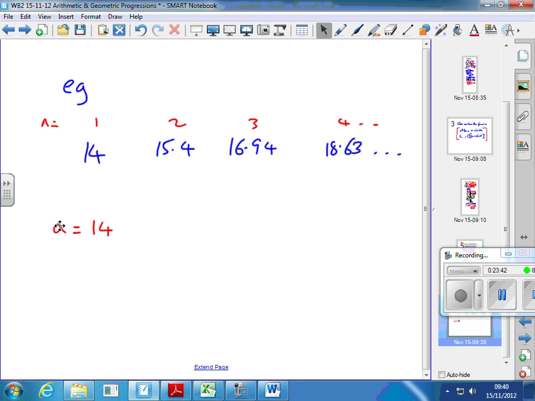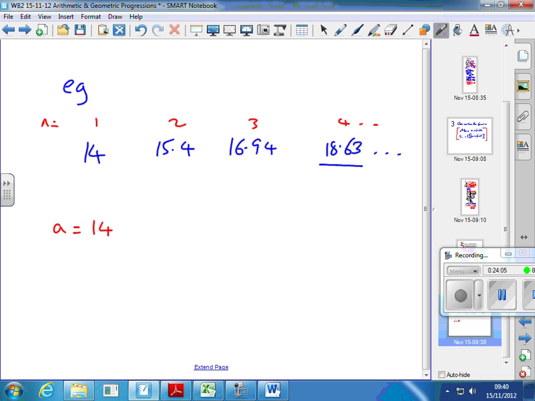Divide 15.4 by 14. Divide 16.94 by 15.4. Divide 18.63 by 16.94. We get 1.1. In other words, that's where the name common ratio comes from.